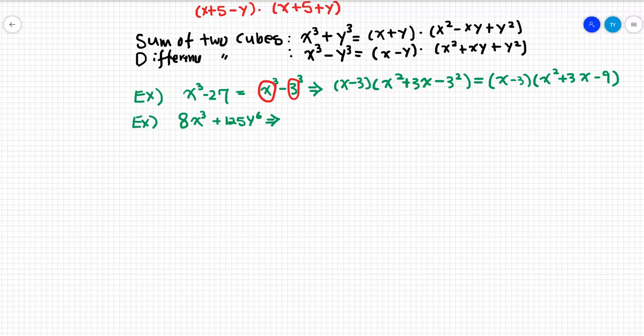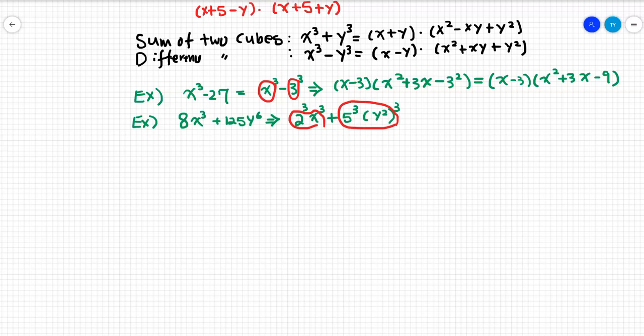So I'm just going to rewrite it here. 8 is 2 cubed, so 2x cubed, and 125 is 5 cubed, and I'm going to rewrite the y to the 6 as y squared to the cube. So it seems that we can rewrite it as 2x cubed plus 5y squared cubed.